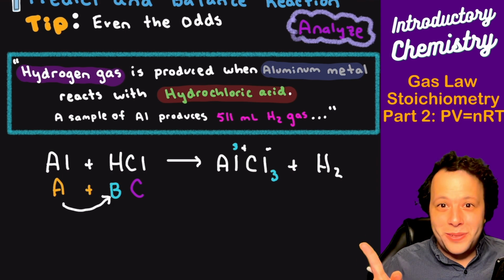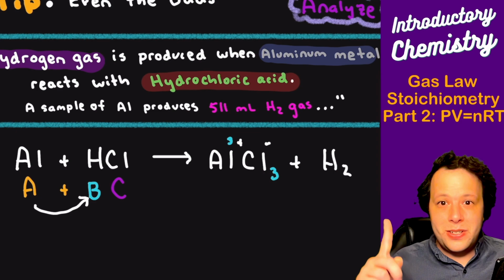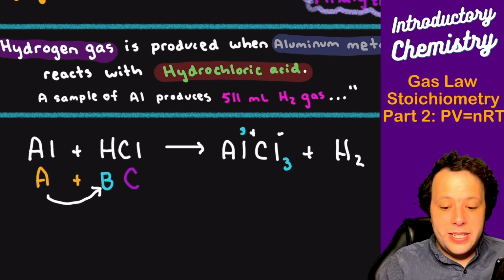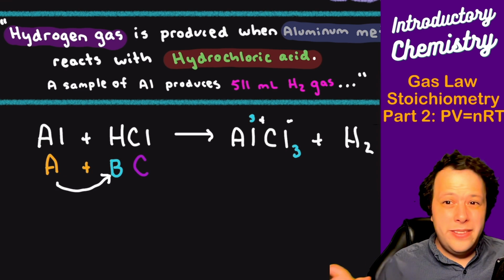Where can we start? Well, one thing you can see is that I have 3 chlorines on one side and 1 on the left. I also have 2 hydrogens and 1 hydrogen on the left as well. So how exactly can we try to balance those? If I think of evening the odds, if I put a 3 on the left, well, then they're both odds.